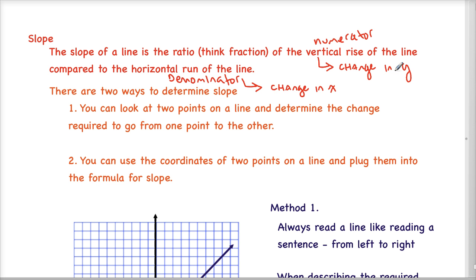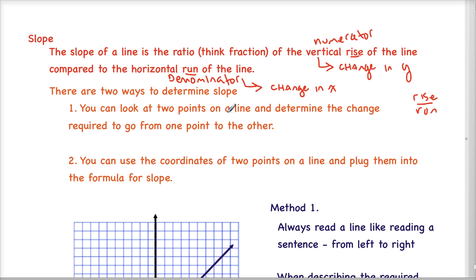So change in y over change in x is one way you'll see this written. Rise over run, those are the other two terms that you'll hear sometimes. So either way, this will be a fraction where you have the change in y, or the rise, over the change in x, which is the run.